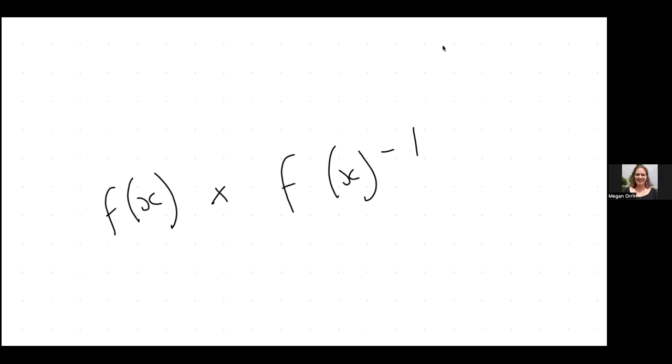Okay, it's not quite 1 though, is it? It's just back to its original thing, right? It's actually x. So any function multiplied by its inverse, everything's going to cancel out to x. The same is going to be true of a trig function.